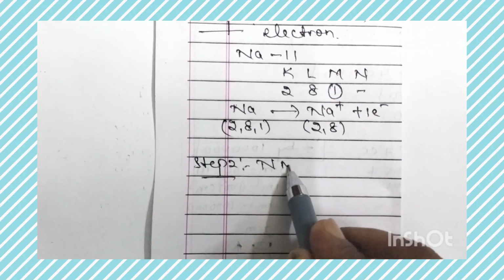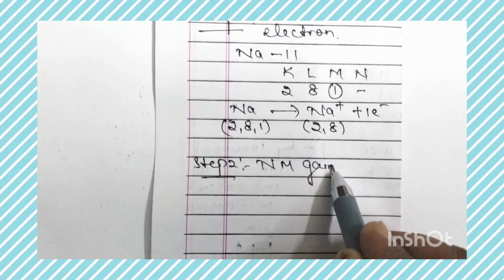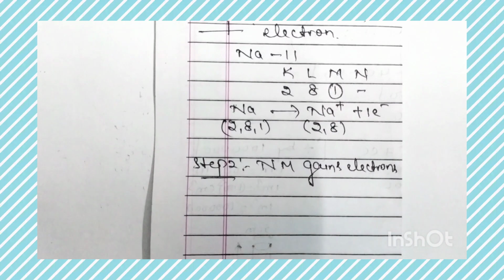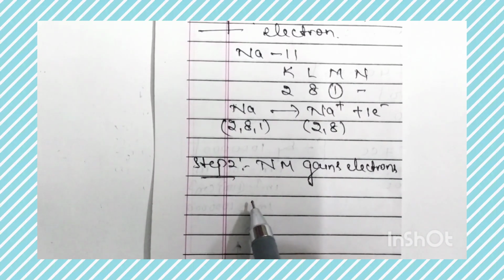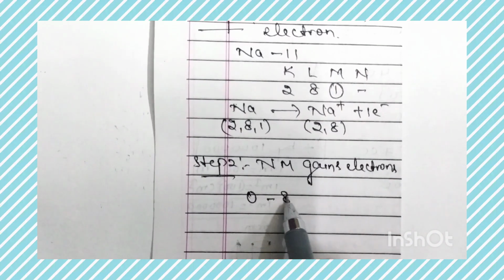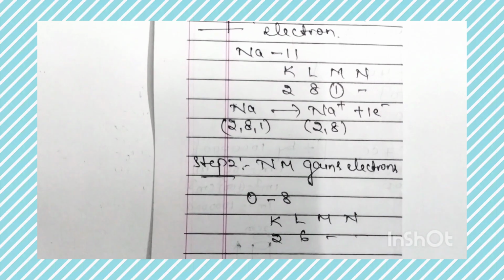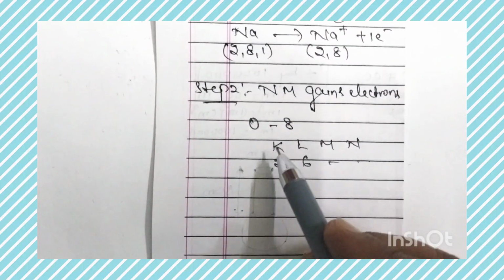Then coming to step number 2, we have to talk about non-metal. Non-metals gain electrons. So the non-metal here is oxygen, atomic number 8. If you distribute the electrons in the shells, 2, 6. That means the K shell is completely filled.